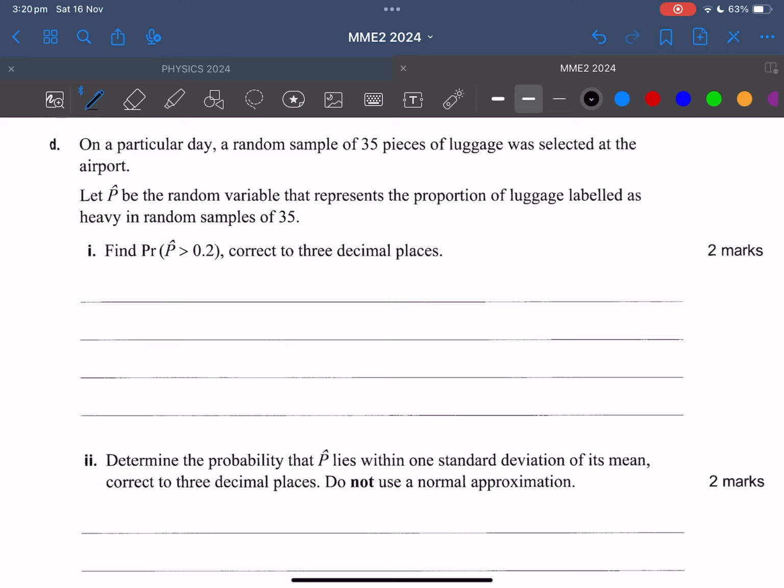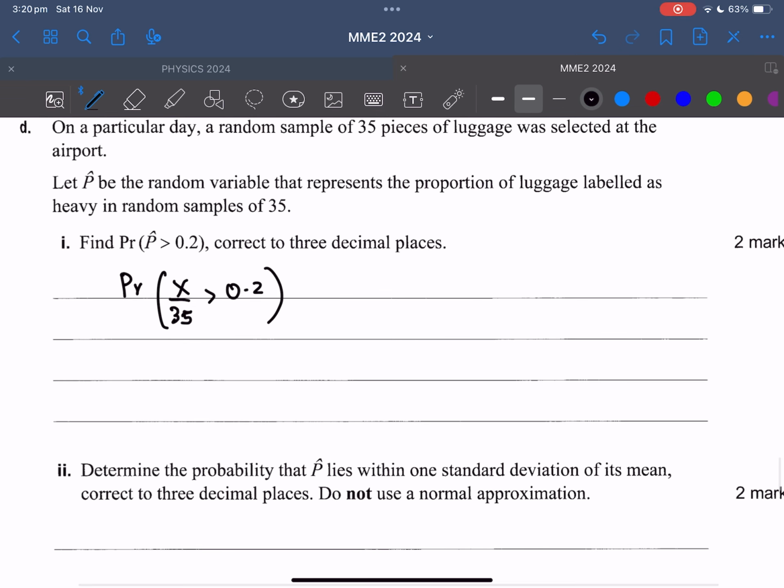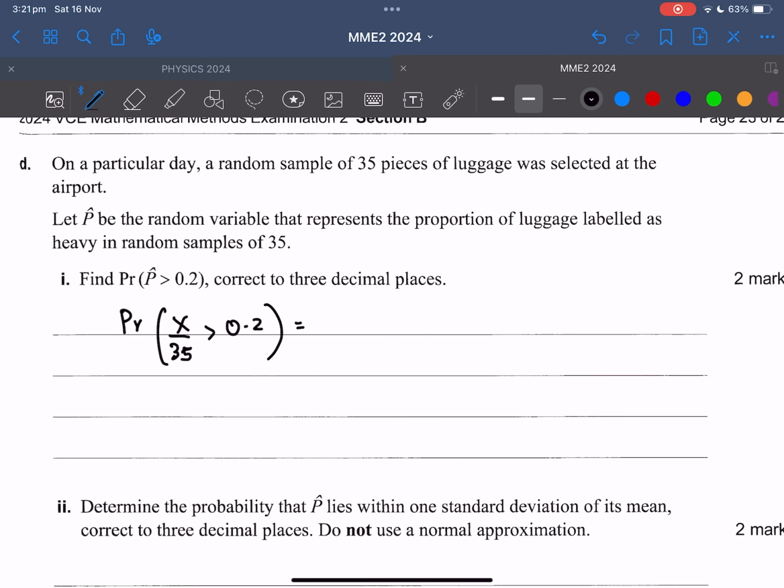Okay, so we know that P hat equals X on N. So we're basically finding the probability that X on N is greater than 0.2. Our N was given to be 35. So in that case, we have the probability that X is greater than 35 times 0.2. So 35 times 0.2, I get 7.